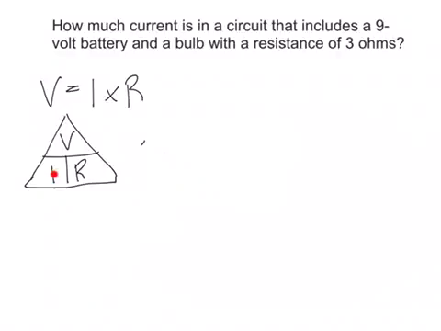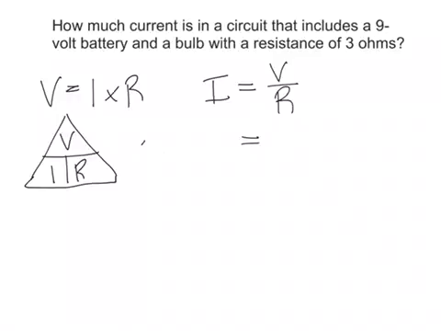So if we're covering I up, we can see that I equals voltage divided by resistance. And that is the first step. What's the equation we're going to be using? That's it right there. Now we just plug in the values.